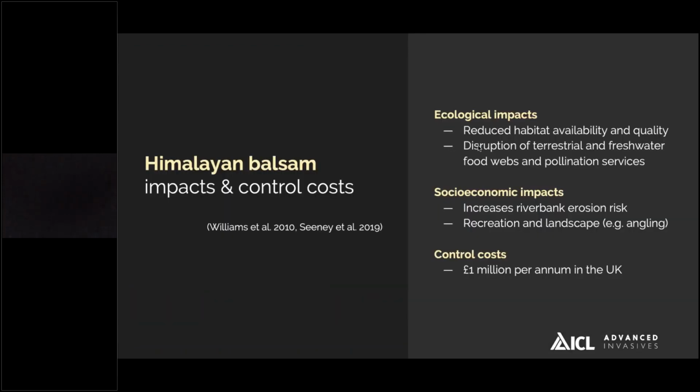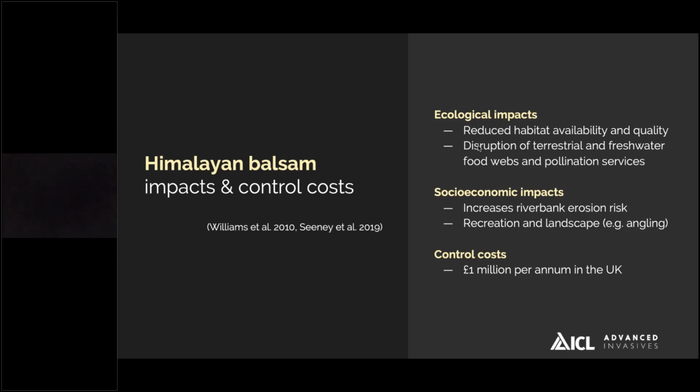In terms of Himalayan balsam, the impacts and control costs, there's a range of ecological impacts. You've got direct shading of native plant species. This has an indirect impact on terrestrial food webs, and also a direct impact on freshwater food webs, because it alters the litter quality of the plant material going into the streams during the winter months.